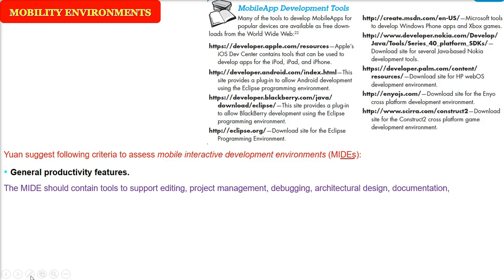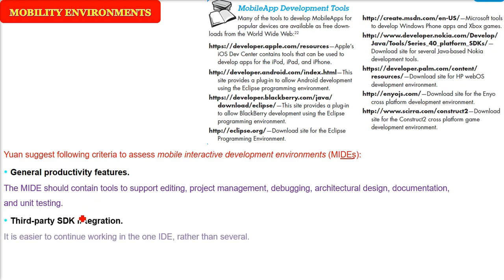All these should be there in your MIDE, along with unit testing possibilities. Third-party SDK integration: it is better to work on one IDE rather than several. You don't need multiple IDEs; one IDE which can fulfill all your jobs should be chosen.